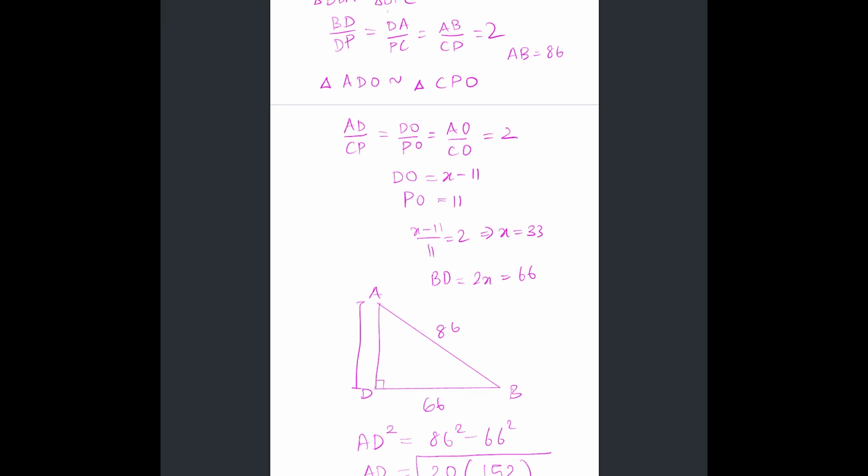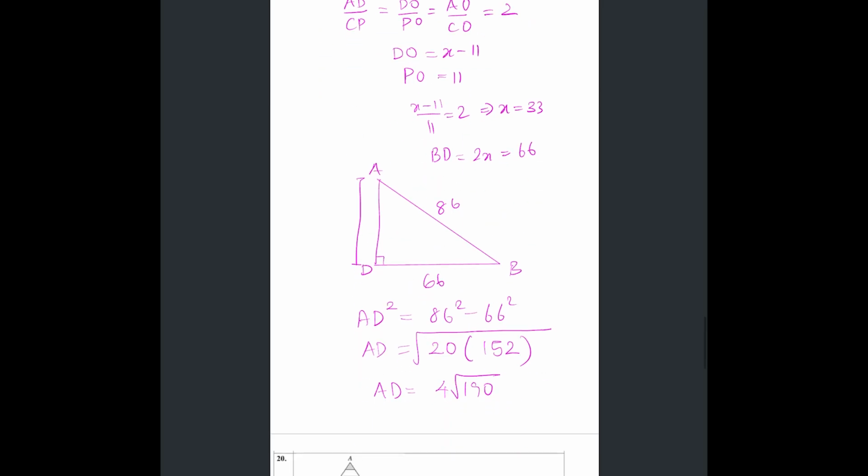So we have AD equals 4 root 190 in its lowest form. So M is equal to 4, N is equal to 190, M plus N is equal to 194, right? Which is option C.